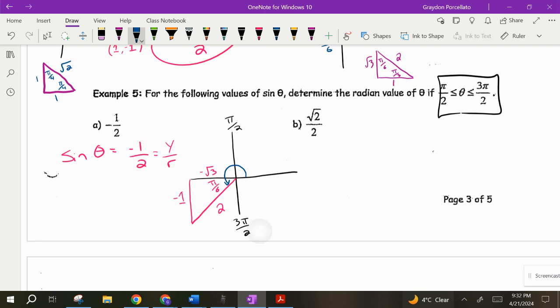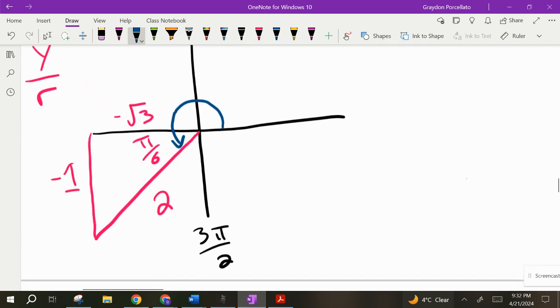I'm going to zoom in a little bit and break this down into two pieces. We know that from here to here is pi, and from here to here is pi over 6. So I get my answer.